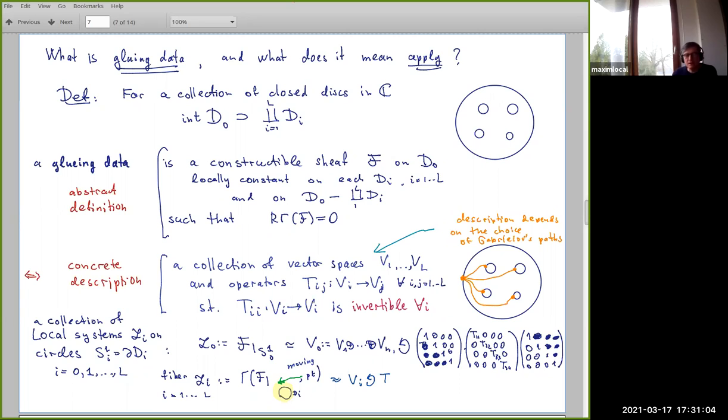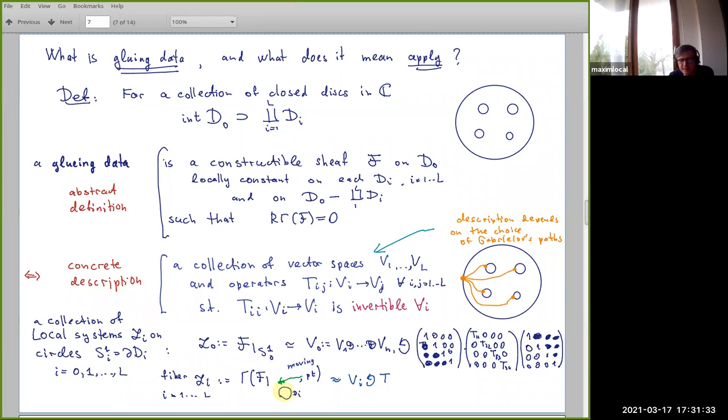Now we can consider small disks. What will be the local system associated to a small disk? In abstract language, when I have a constructible sheaf, I consider a point running very close to the outer boundary of the small disk, so it runs through a bit larger circle.